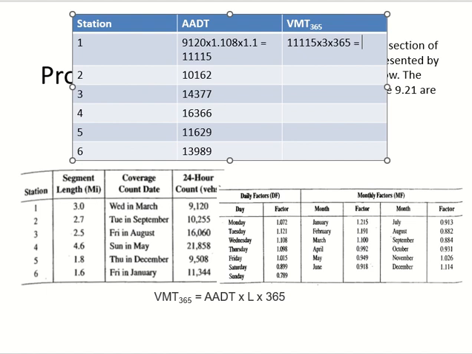How much? 121709 25. Next, you will take the count from this column, length from here, and multiply by 365. 1001651.